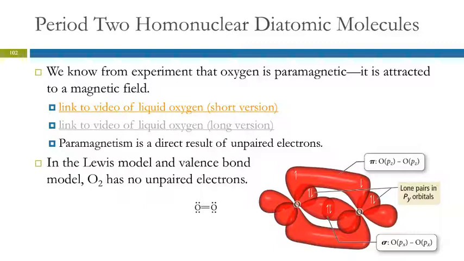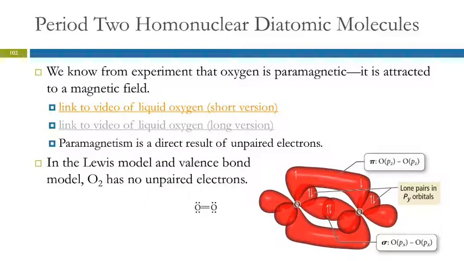So we just saw a demonstration that oxygen is paramagnetic. It must have unpaired electrons, right? If we look at the Lewis model of oxygen, do you see any unpaired electrons? Here's the Lewis structure. They look all paired up, don't they? Here's the valence bond model for O2. Here we have a sigma bond and a pi bond, and we've got lone pairs, and everything's paired up, right?